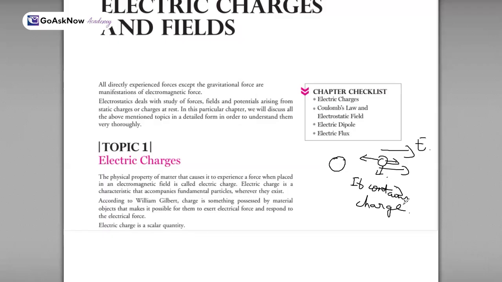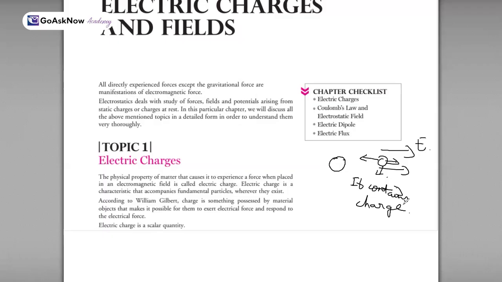So electric charge is a basic property of any particle or material, that is possessing an attractive or repulsive nature of force.